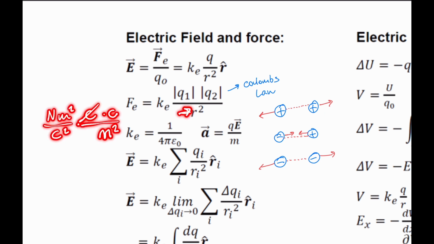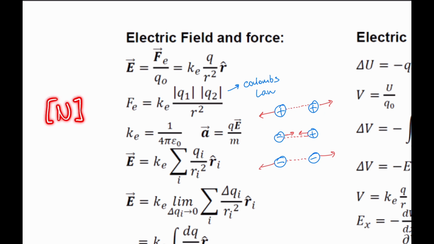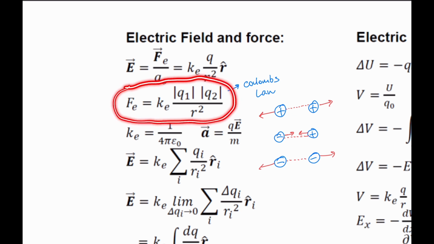We get these two coulombs cancel with these, meters cancel with these, and what we are left with is newtons, which is the unit for force. So yeah, that is good to know. They also give you KE right here, which you can plug in if you want. And yeah, that is the first equation that you learn in the class.